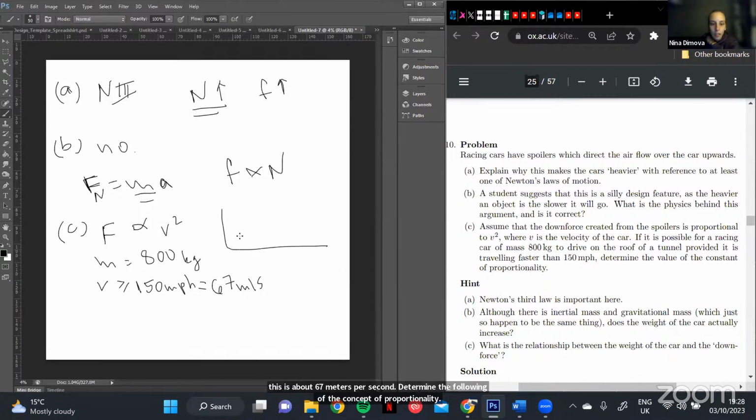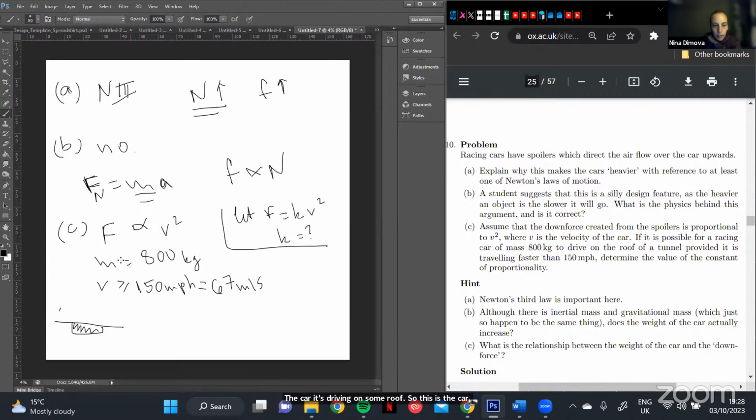So here, usually at an exam, you can say let F be K times V squared, and you're looking for K, right? Yeah, so this is the setup of the question. So what's happening? The car is driving on some roof. So this is the car, you have a roof.